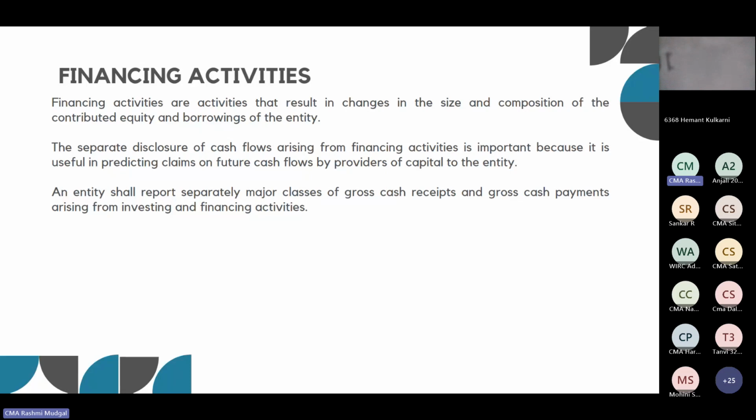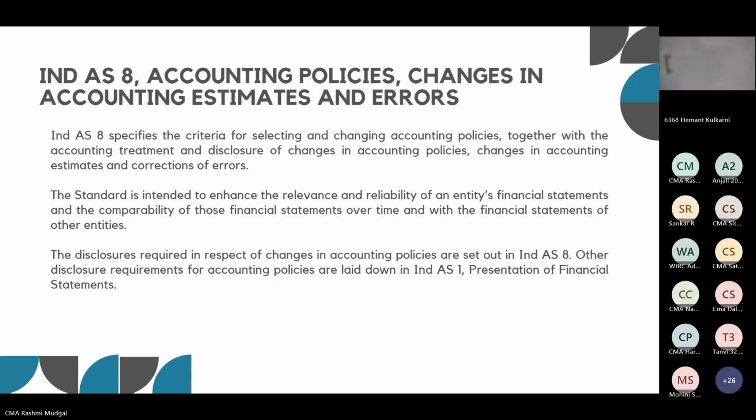They will get to know, if I am putting in my money, what they are doing and how much money they need for this much sale. This is also important. An entity shall report separately major classes of gross cash receipts and gross cash payments arising from investing and financing activities.